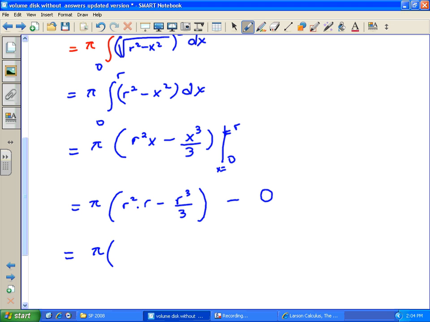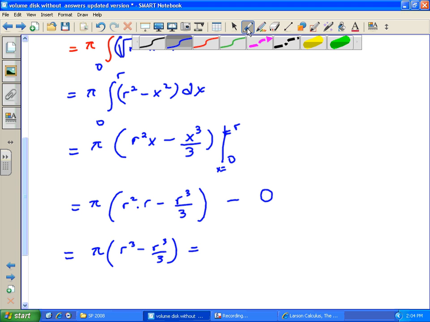How do you simplify that? Or get common denominators if you like. Either way would work. So you have 3r cubed minus r cubed, and you're going to be left with pi times 2r cubed over 3. In other words, 2 pi r cubed over 3.